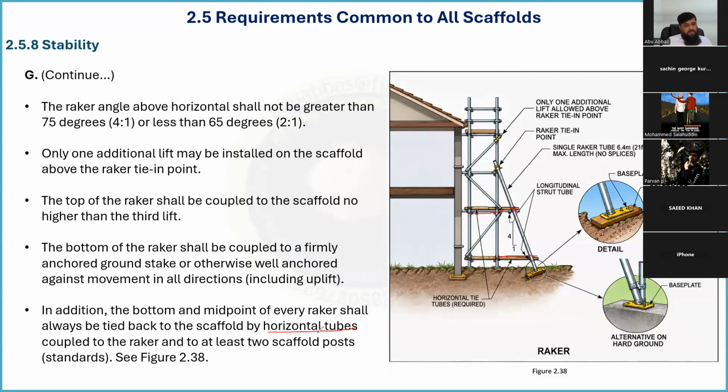The bottom and midpoint of every raker shall always be tied back to the scaffold by a horizontal tube coupled to the raker.